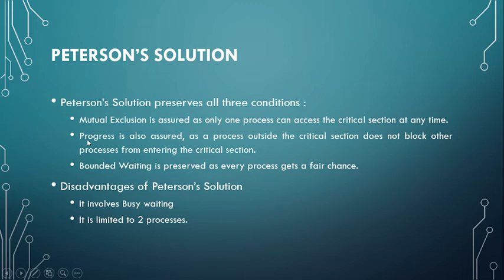Progress is also assured as a process outside the critical section does not block other processes from entering the critical section. Bounded waiting is preserved as every process gets a fair chance. The disadvantages of Peterson's solution are that it involves busy waiting and it is limited to 2 processes.